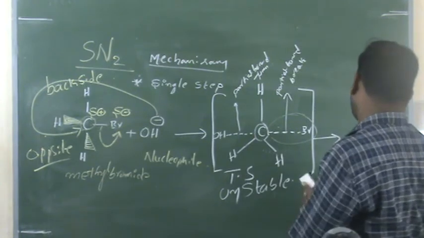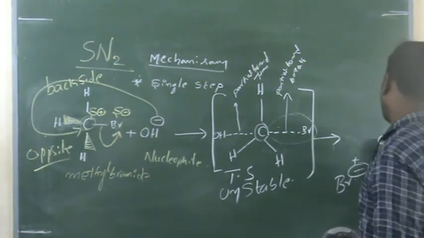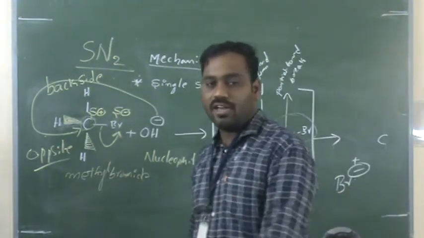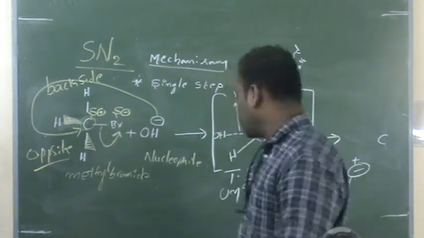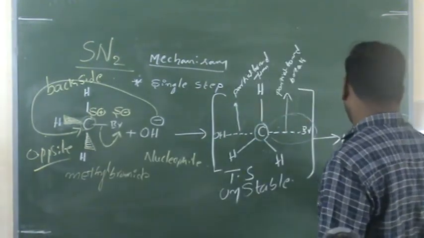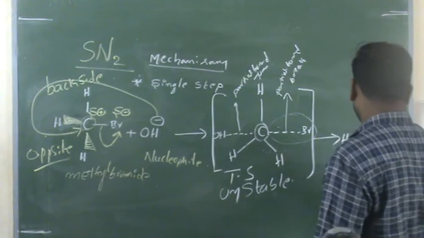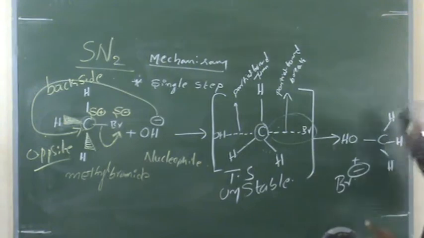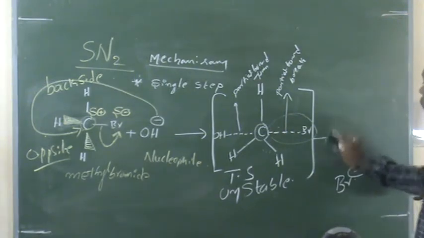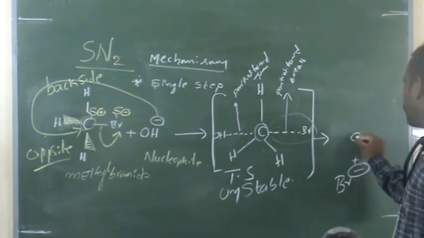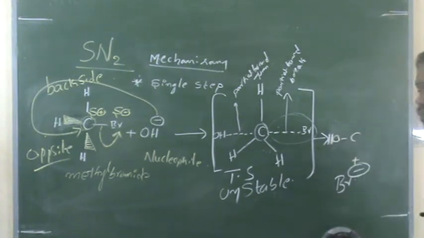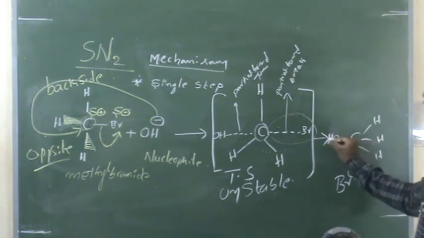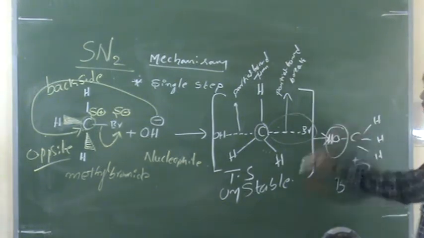Formation of CH3OH. Now tell me, where can we write the OH? Towards which side? Left hand side. Why am I writing towards the left hand side? And hydrogens we are getting on this side. We write the OH on this side and hydrogens on this side.